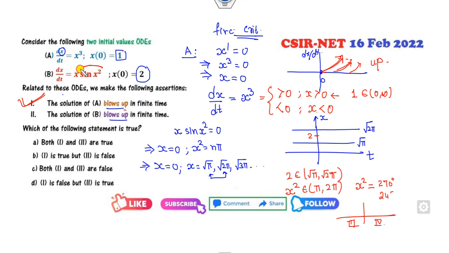When this lies in the third and the fourth, this number will be negative. That means this value decreases because it's negative. So it's a blow down, but he said blow up. So this option is cancelled. So the first option is correct, the second option is incorrect, that is the right answer of this problem.